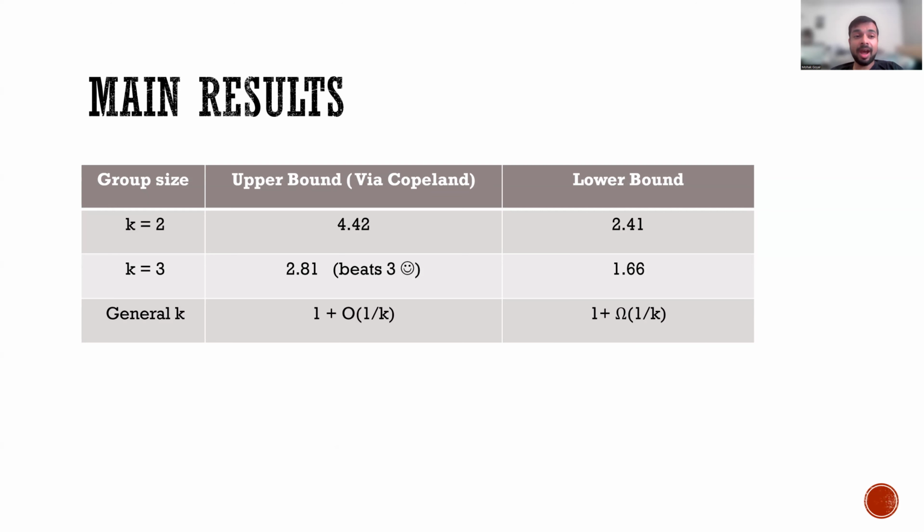If we have groups of size 3, then Copeland can itself beat the deterministic lower bound of 3. It gets 2.81, whereas we also have a lower bound of 1.66. For general group sizes, we have that the distortion is going to be 1 plus order 1 over k.